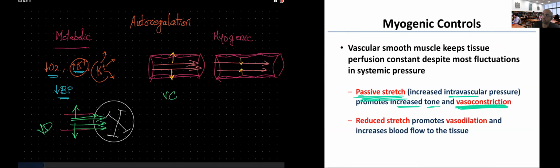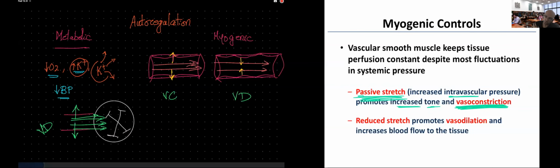And if I have less blood coming in, it means I need to increase the blood going to this organ. So how would you think I would be increasing the supply to this organ? Would you like to constrict or to dilate the vessel? You're going to need to dilate the vessel. So, vasodilation.